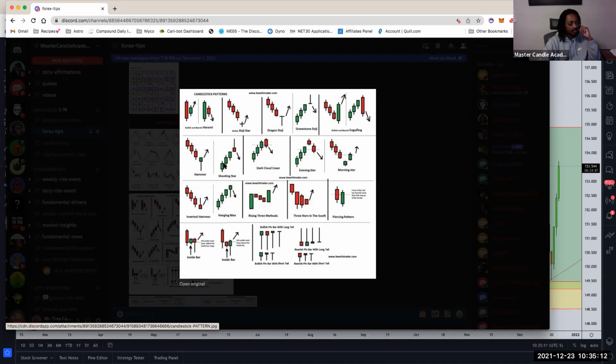Same thing with the shooting star. You want to see those long wick rejections. These wick rejections are very key. Now, yesterday we were talking about how the wicks do not matter when we're talking market structure. However, the wicks do matter when we're talking price action.